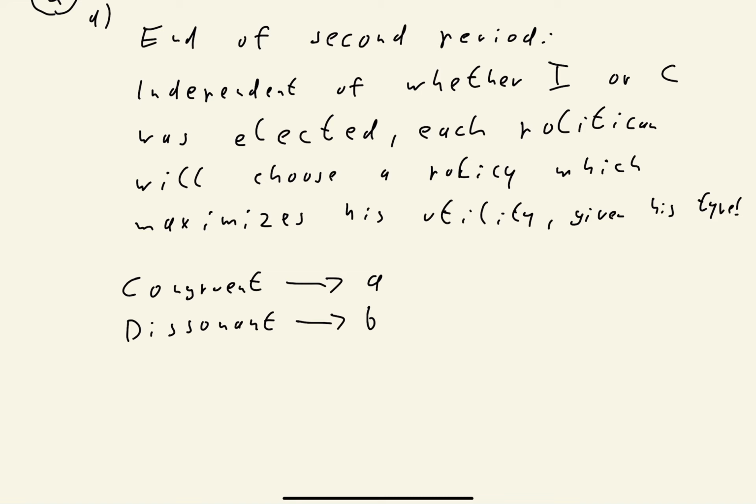So both the challenger and the incumbent choose policy A if they're congruent and choose policy B if they're dissonant.